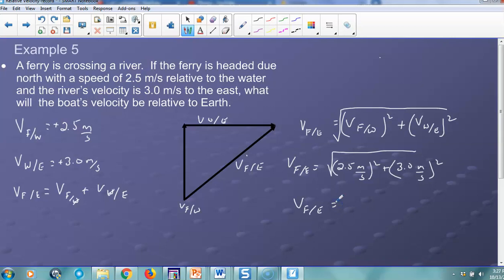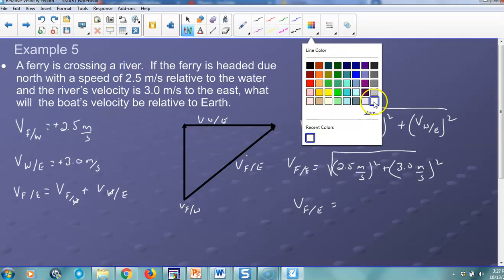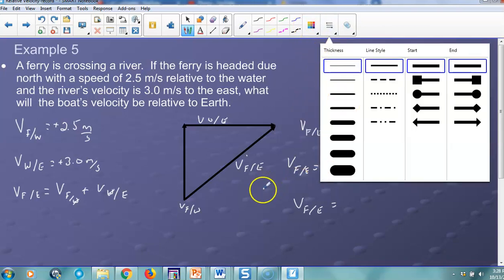So the velocity of the ferry to the Earth is going to be 3.91.